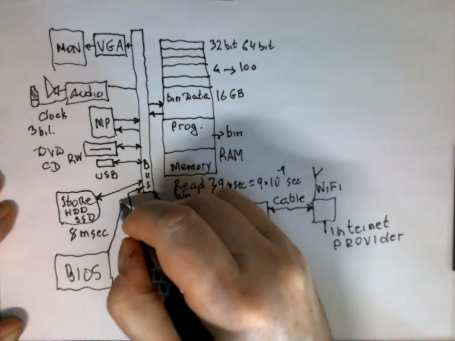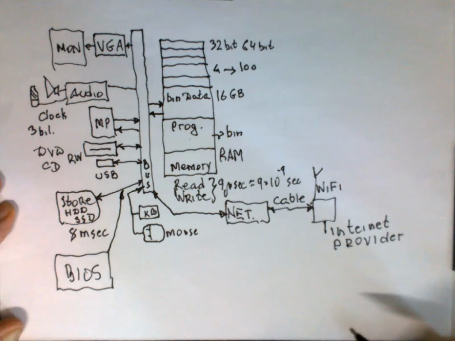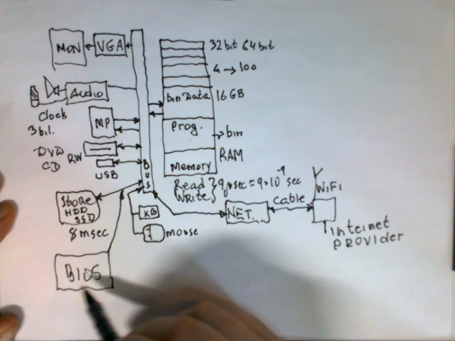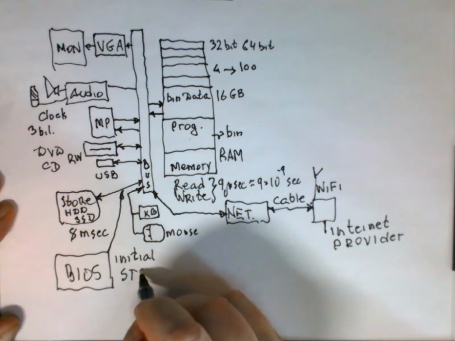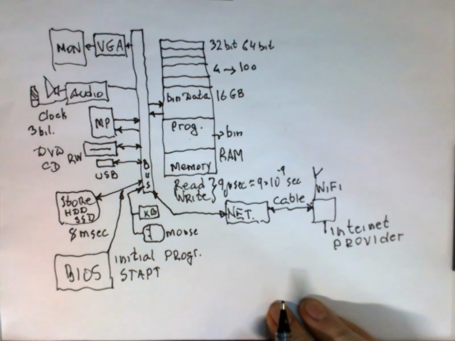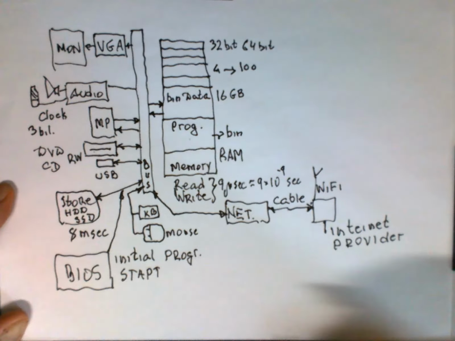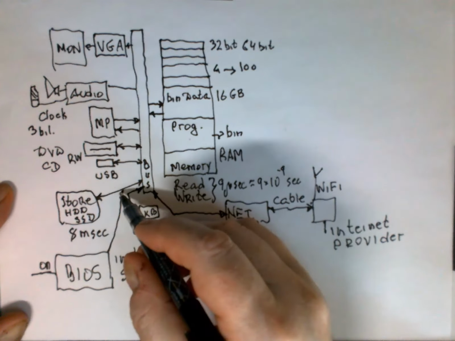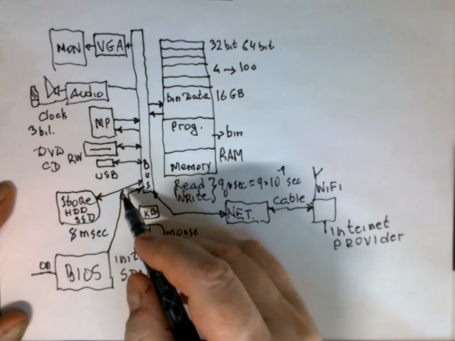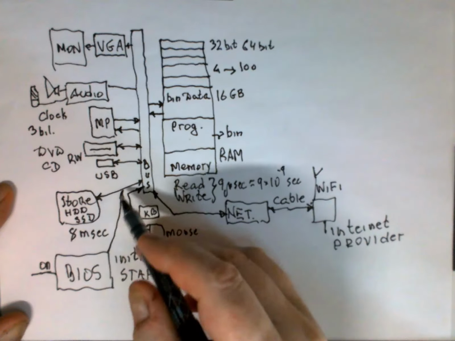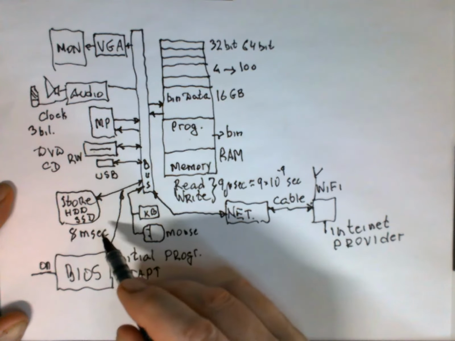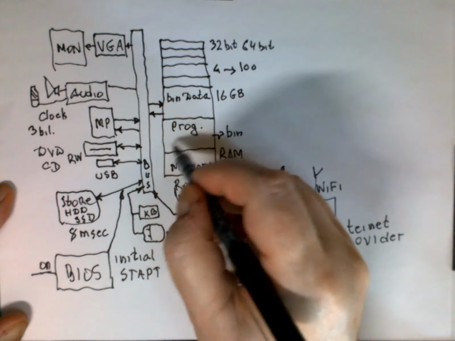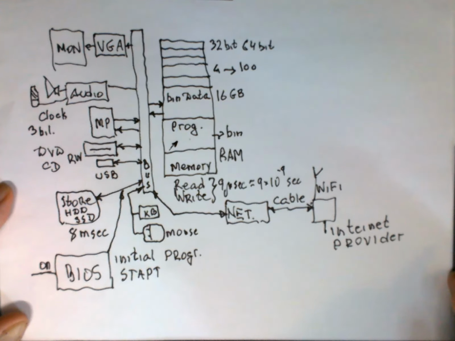The information from the BIOS will go to the bus, and BIOS is the initial start program. Now it is possible to start this computer. How to start it? When we turn the power on, BIOS will wake up first, and then it sends a signal to the bus, meaning, bus, I'm going to start, and the bus will take the initial program and place it into the programming area in memory.